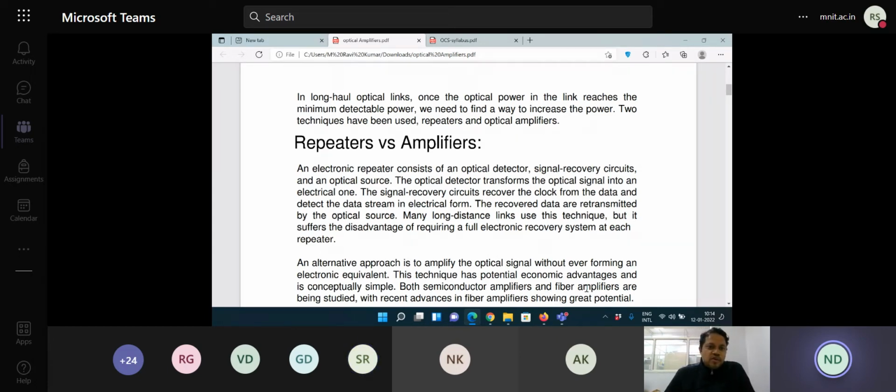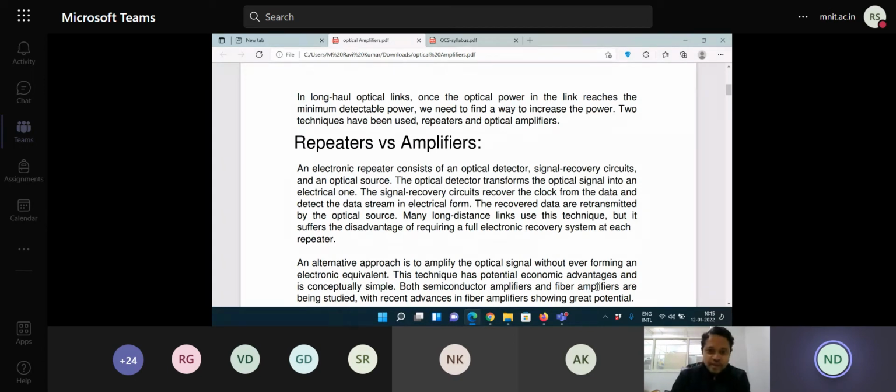so there is something called a repeater, and there's something known as an amplifier. Repeaters are also a kind of amplifiers, but not exactly an amplifier. A repeater is commonly electronic in nature, and what it does is optical to electrical conversion.